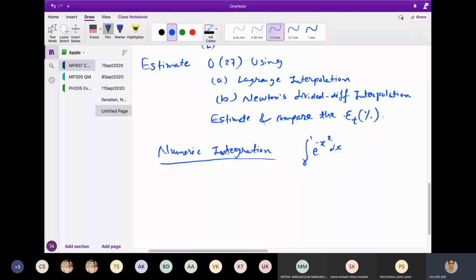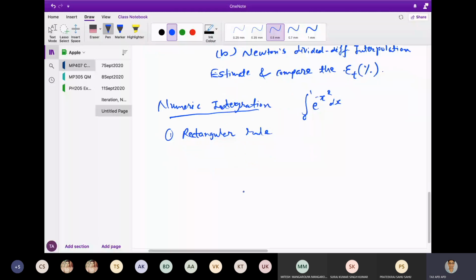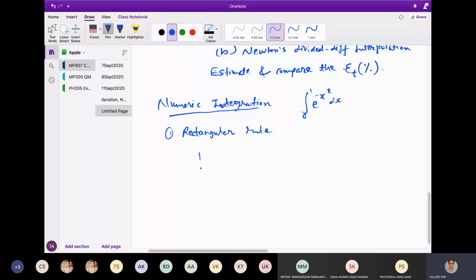There is something called the rectangular rule, which is very basic, in which we simply take the approximate rectangular area under the given curve.